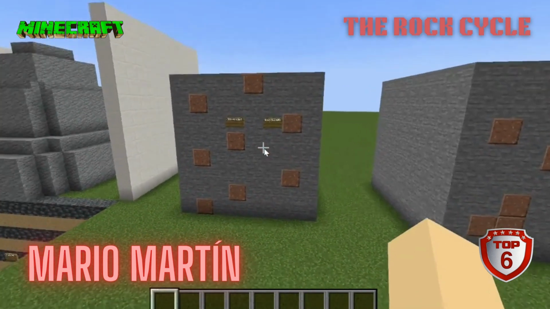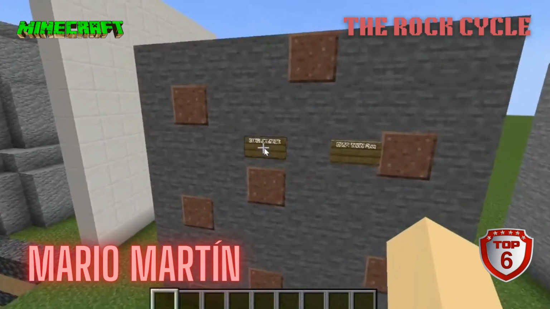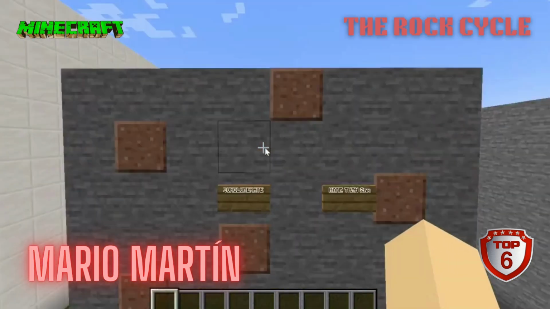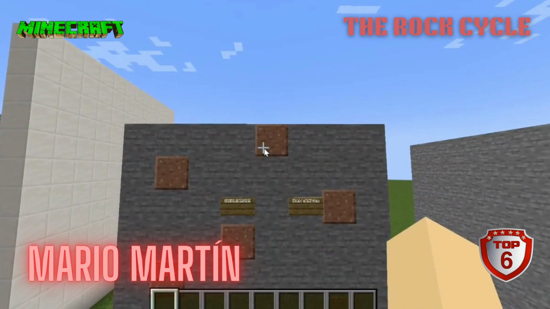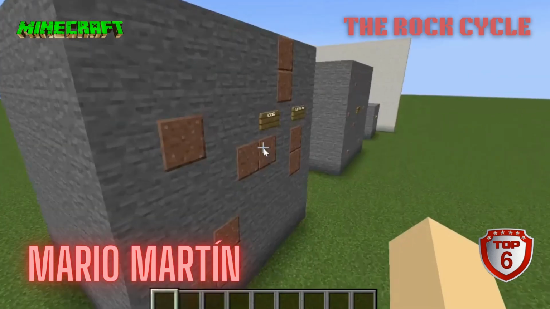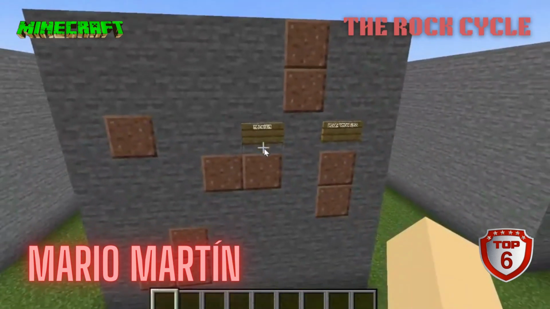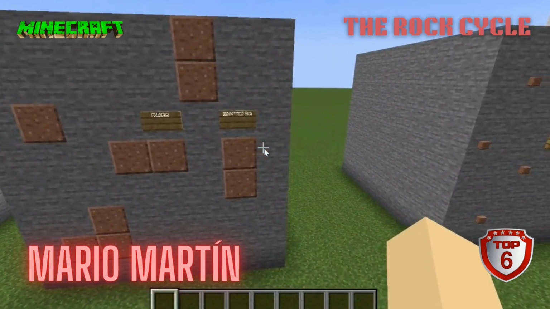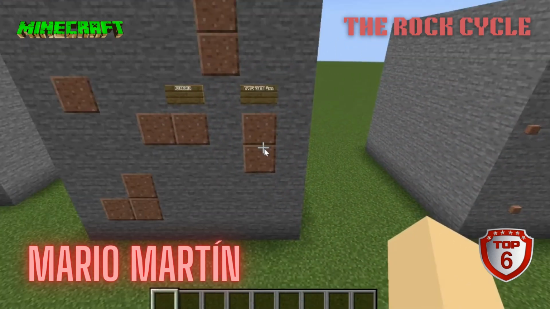Clasts more than 2 millimeters: we have the conglomerates, where the clasts are rounded, and here we have the breccia, where the clasts are angular.